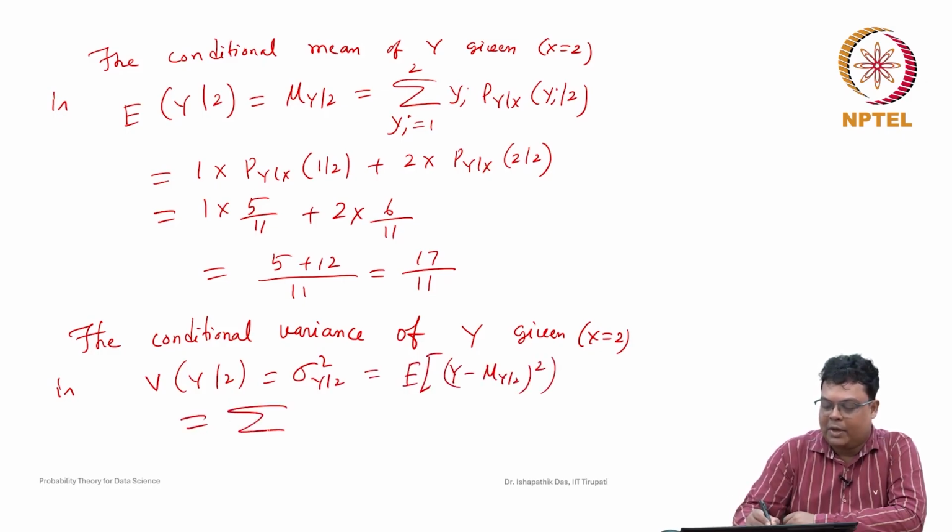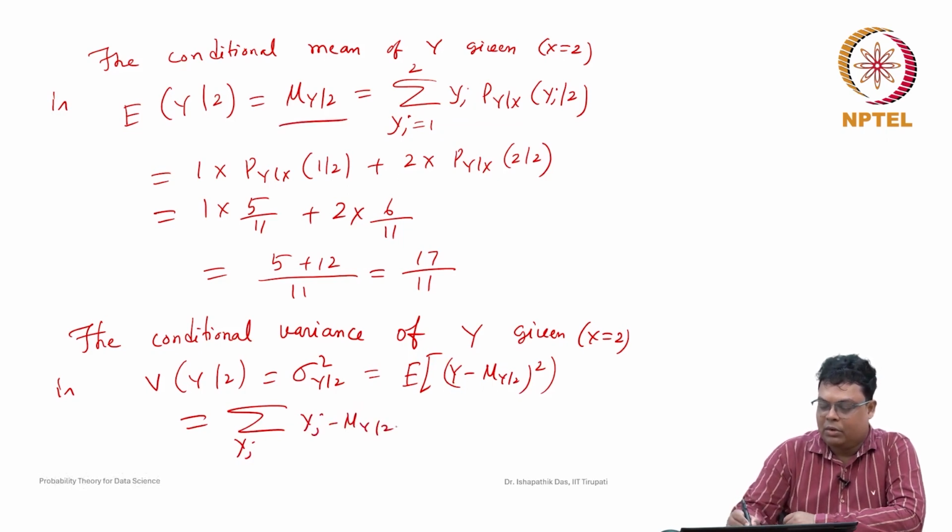The formula becomes the sum over all possible values y_j minus mu y given 2, which we have found, whole square, times p of y_j given 2.